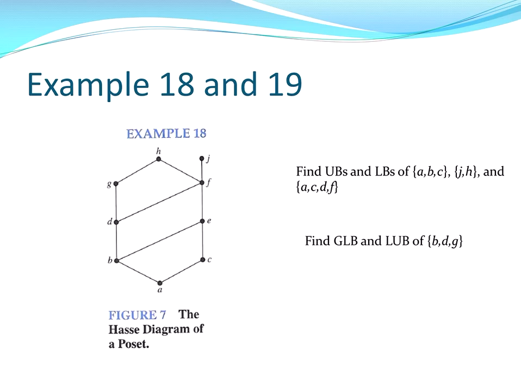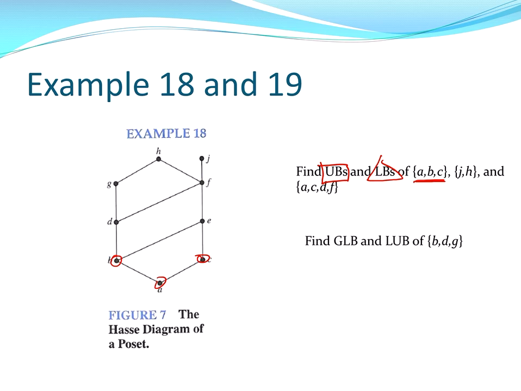All right, so let's look at an example. For this Hasse diagram of a partially ordered set, we're going to first look at the subset A, B, and C. We're going to find upper bounds, and we're going to find lower bounds. So I'll circle A, B, and C. And what are the upper bounds?